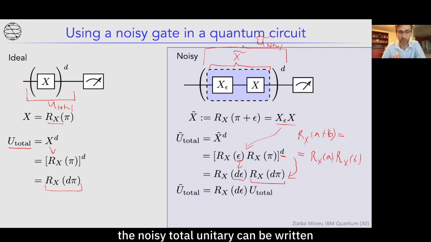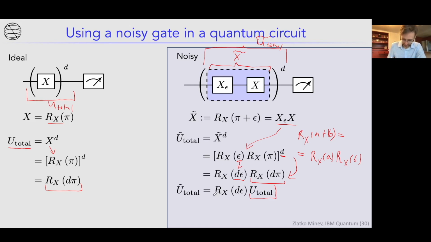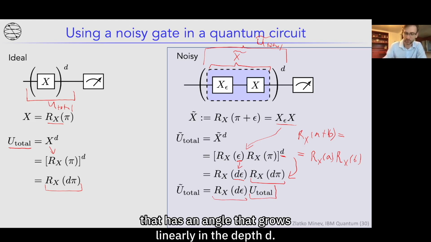So in other words, the noisy total unitary can be written as the noise-free ideal unitary U total, followed by some over-rotation that has an angle that grows linearly in the depth, d.